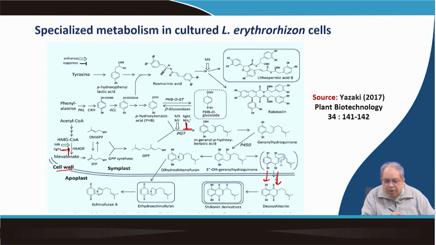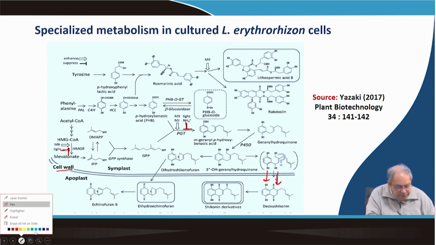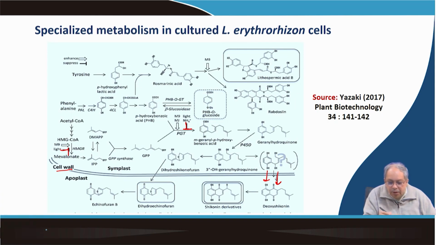So, what we have learned is this: the pathway starts with 4-hydroxybenzoic acid and GPP, which makes geranyl hydroxybenzoic acid, then it makes geranyl hydroquinone, and from there the cytochrome P450 will make 3-hydroxygeranyl hydroquinone.